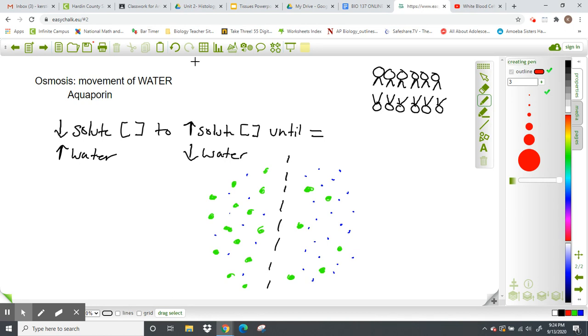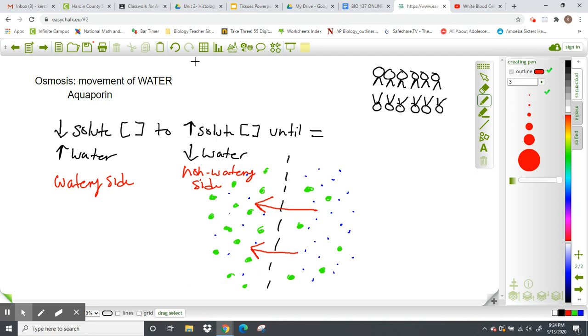So the water is going to move from an area of low solute concentration and high water concentration to the other side over here, from what they call the watery side to the not watery side. So water will move essentially in the opposite direction.